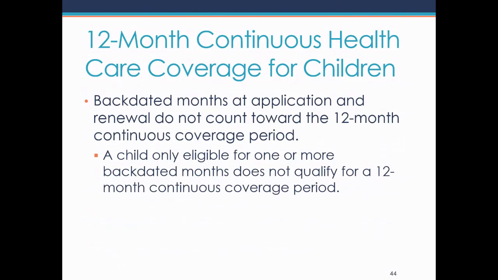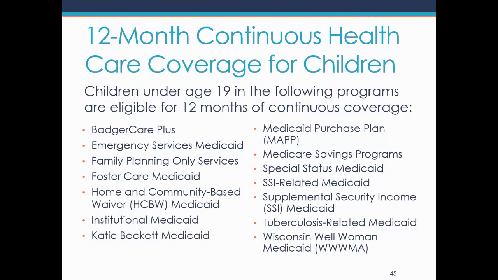A child only eligible for one or more backdated months, but not the month of application or ongoing, does not qualify for a 12-month continuous coverage period. Children under age 19 in the programs shown on this slide are eligible for 12 months of continuous coverage.